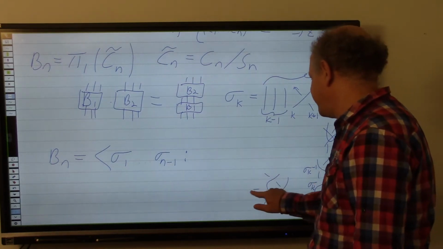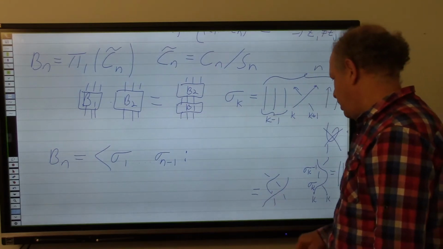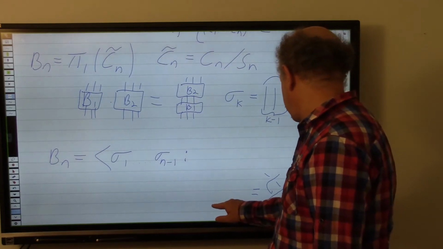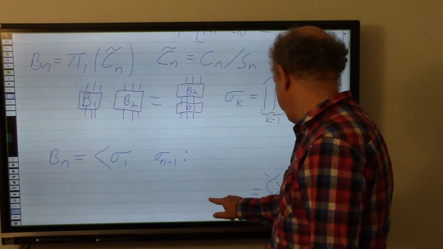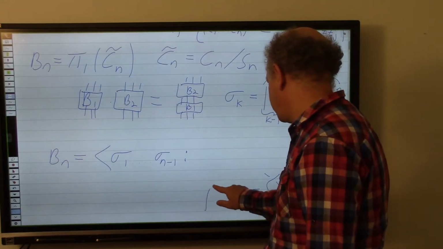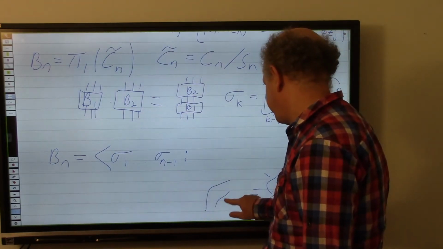So that's one side of Reidemeister 3, and the other side is this. Sorry about this little hook, my screen is not perfect.